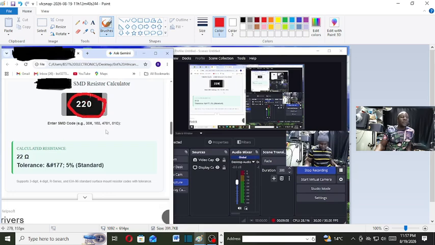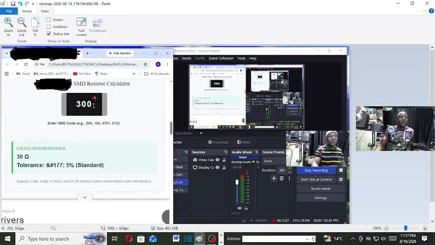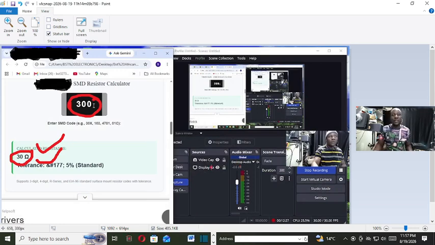So the resistor with the marking 220 is the one which is giving us 22 ohms. You see? And the one with 300 is giving us 30 ohms. So I did not put the letter R on when I was checking for the value of this resistor.